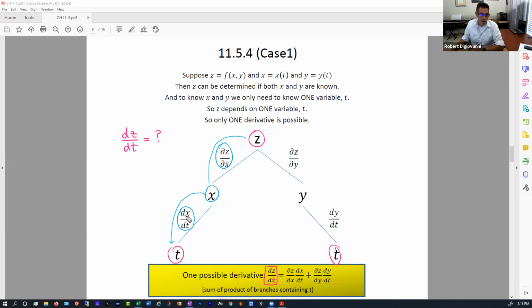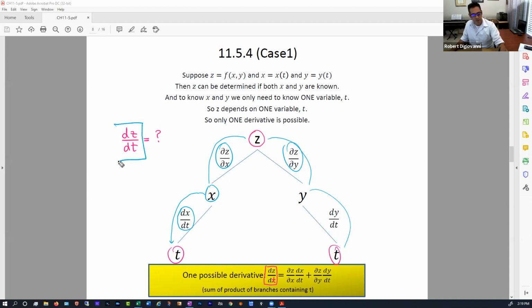I've never heard anyone say straight derivative before, but it's my way of distinguishing between a partial and a not partial, okay? And the d's look straight instead of curved. That's the way I think about it. So from z to x has to be a partial, but from x to t has to be a straight derivative. And then if you go down this side, you've got a partial here, and then here you have a straight derivative.